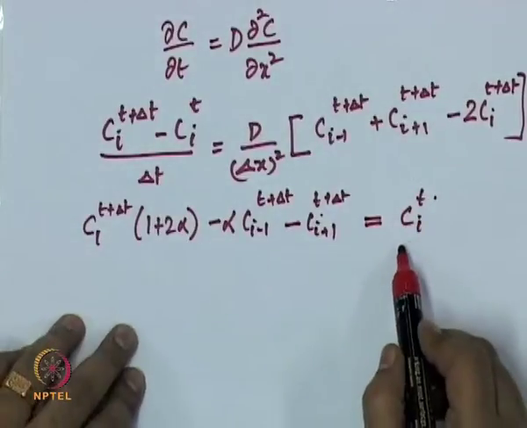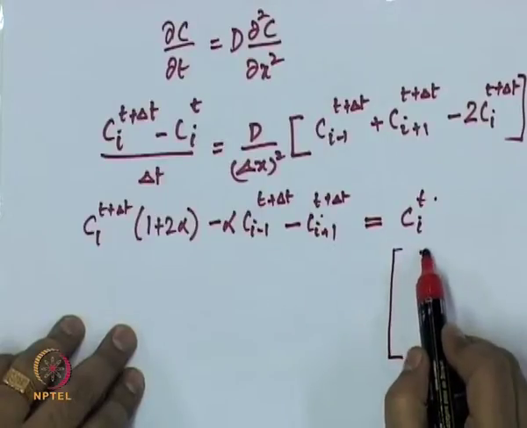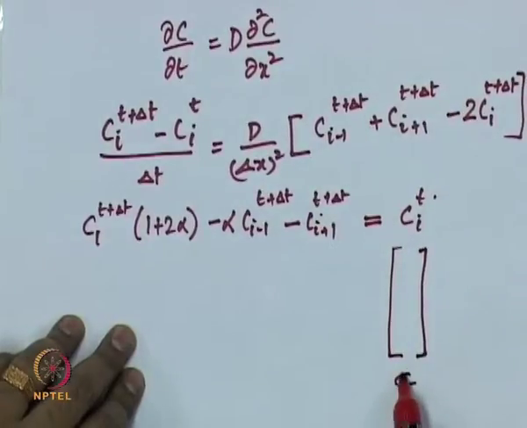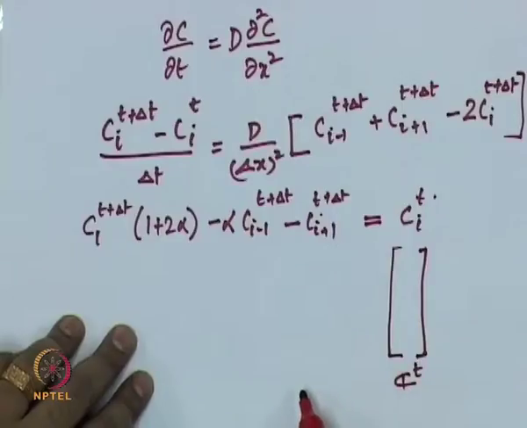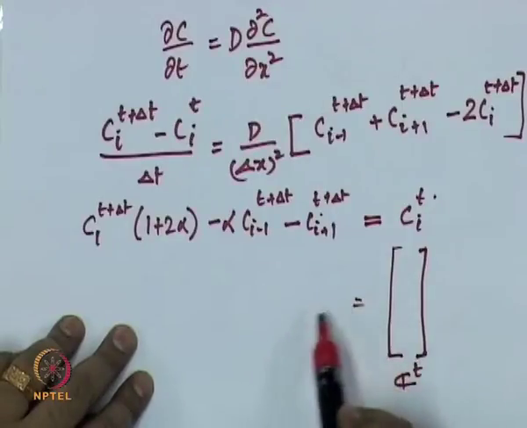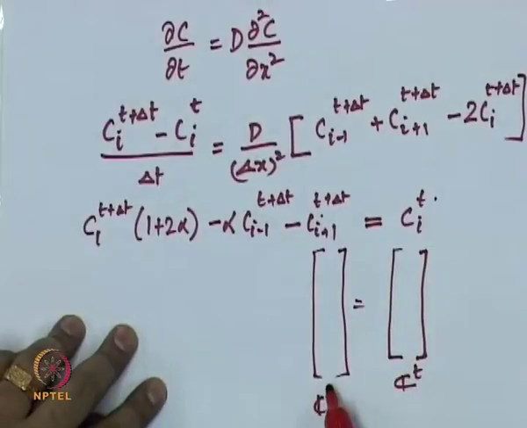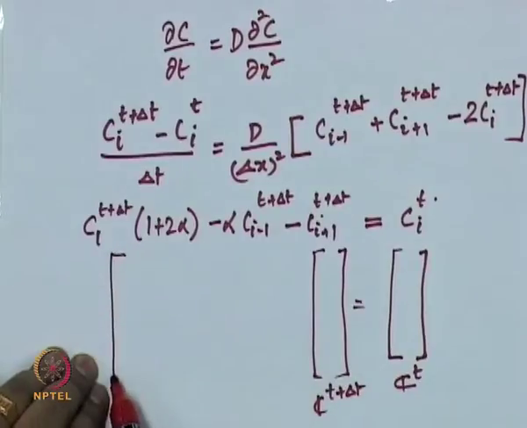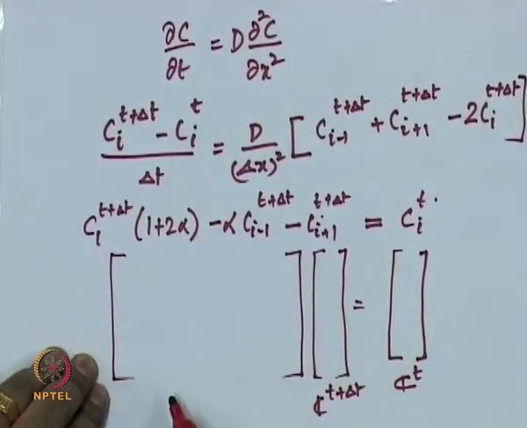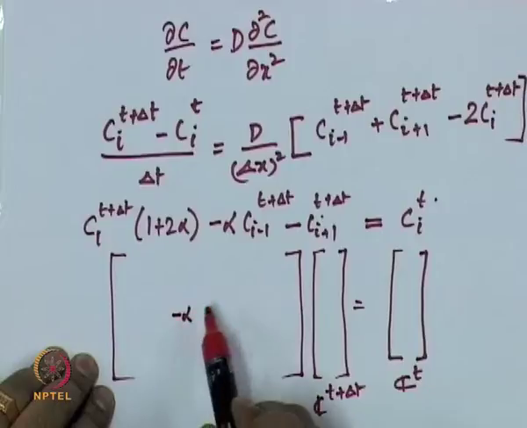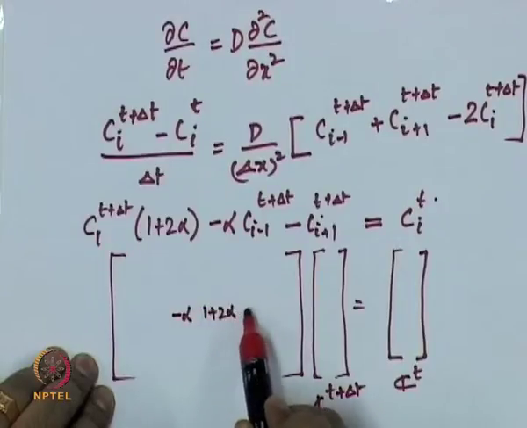Of course, it is written vectorially. So, you will have this: C at time t vector is equal to C at time t plus delta t vector, that will be multiplied by a matrix, and the matrix terms look like minus alpha, 1 plus 2 alpha and minus alpha.